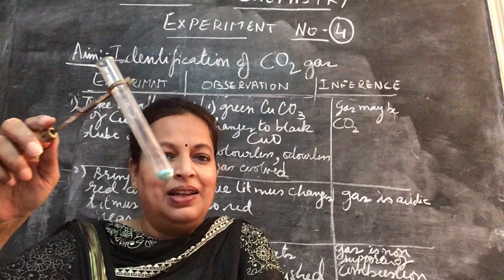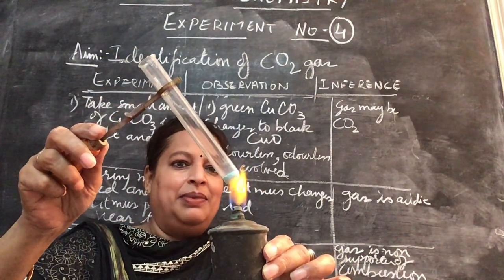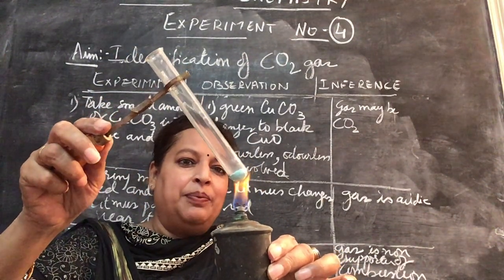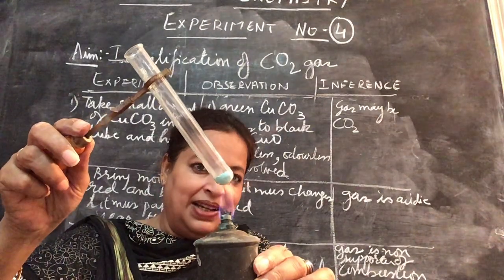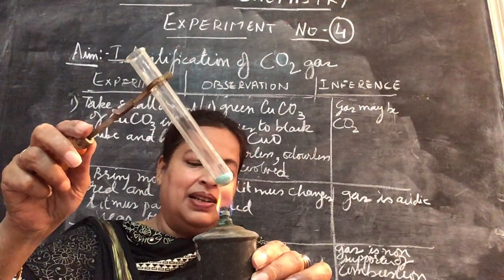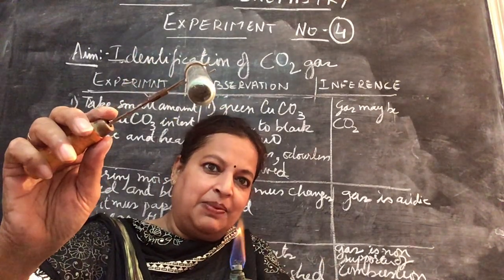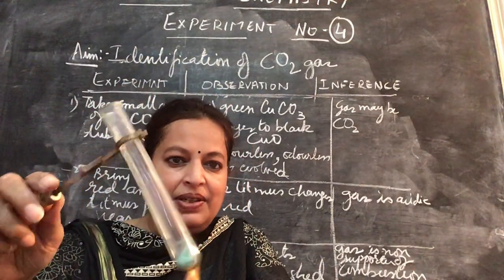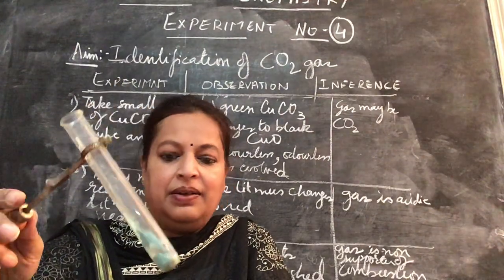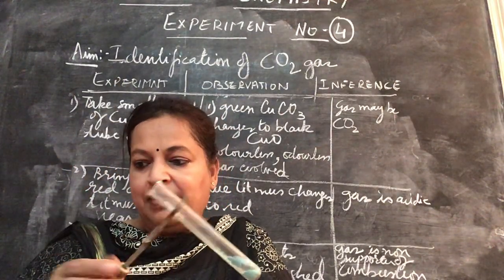So I am starting with copper carbonate and I'll be heating it. When it decomposes, actually copper carbonate changes color. Let's see. Copper carbonate, see it starts to change to black. That means carbon dioxide must be escaping.